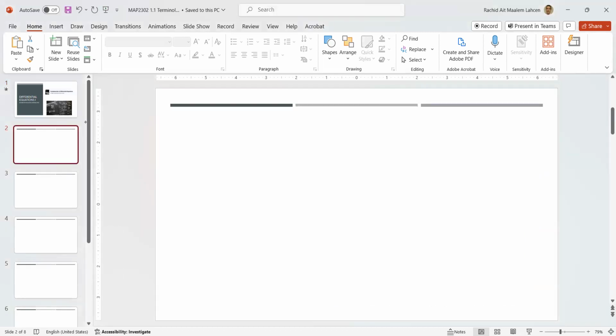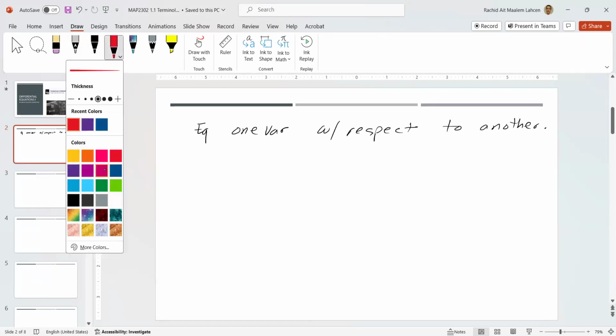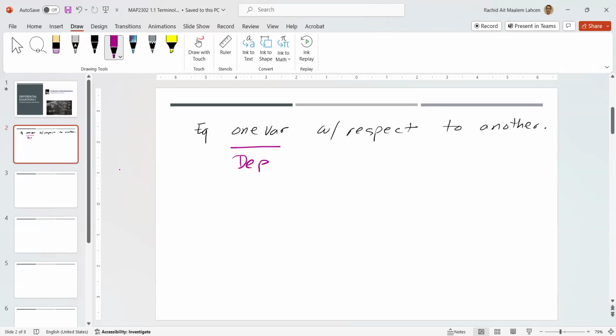If you have an equation that involves the derivative of one variable with respect to another, then the first variable is going to be called the dependent variable, and this other variable is going to be called independent.